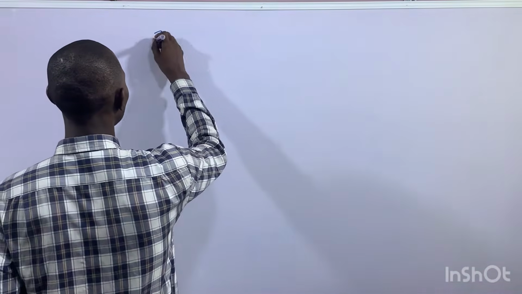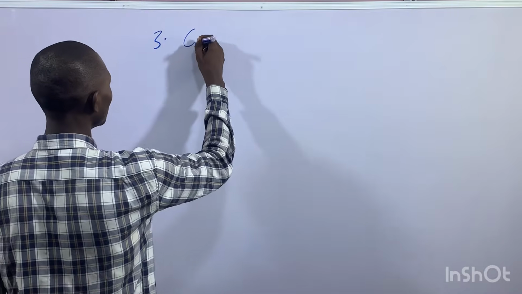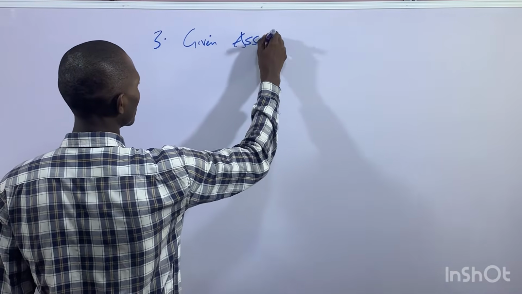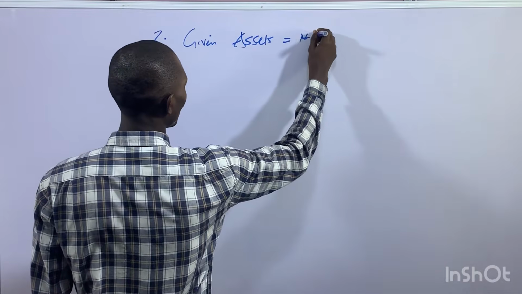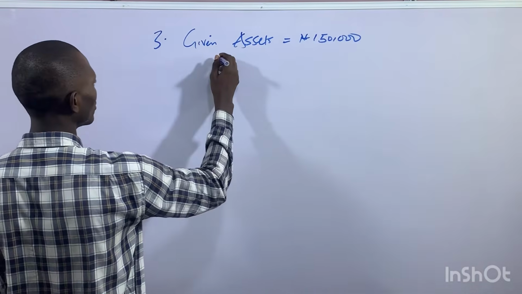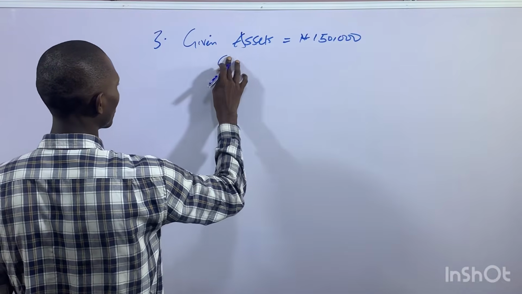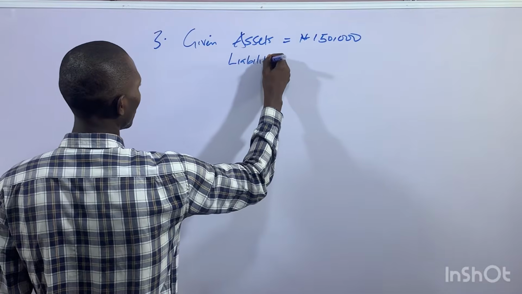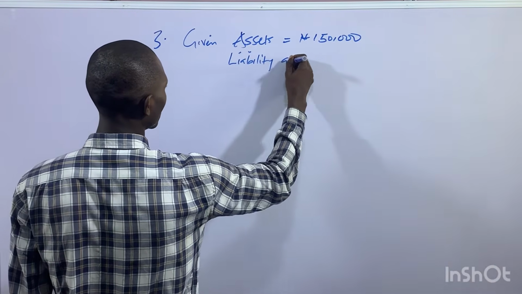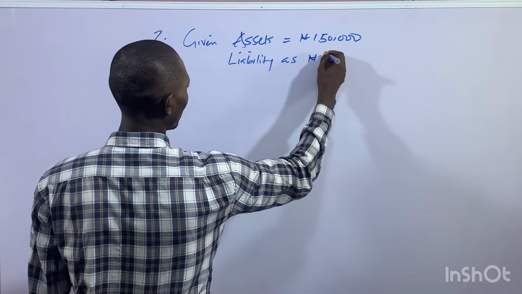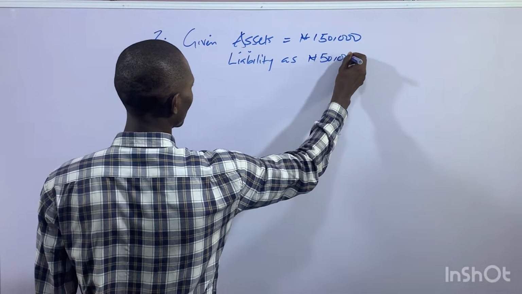So illustration 3 now. Given assets as 150,000, then you are given, let's say, liability as 50,000.